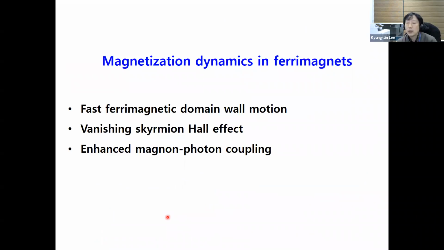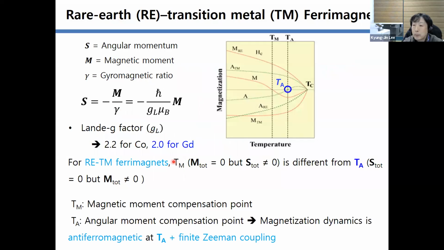So in my talk, I will talk about the compensated ferrimagnet instead of the true antiferromagnet, and I will explain why very soon. The first half is for the magnetization dynamics in ferrimagnet. This part includes fast ferrimagnetic domain wall motion and vanishing skyrmion Hall effect, and also the enhanced magnon-photon coupling in ferrimagnet.